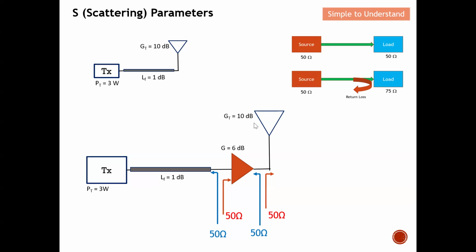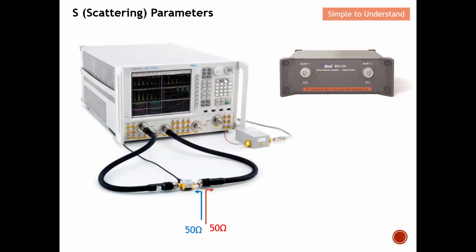Another reason is also the measurement. This is a vector network analyzer. If you zoom into this part here, you can see that the port is 50 ohm, which means that when you look into the port inside this vector network analyzer, the impedance is also 50 ohm. This is to ensure maximum power transfer from the vector network analyzer all the way over here.